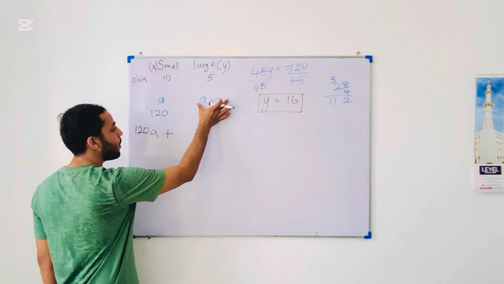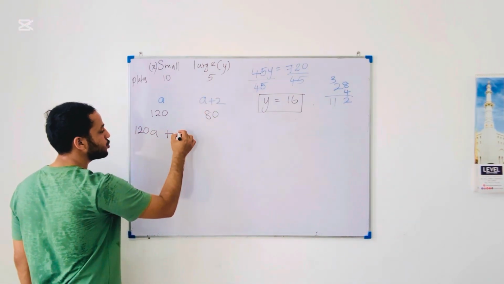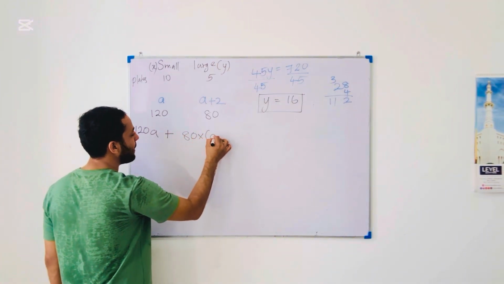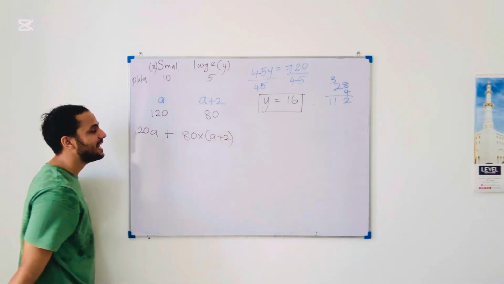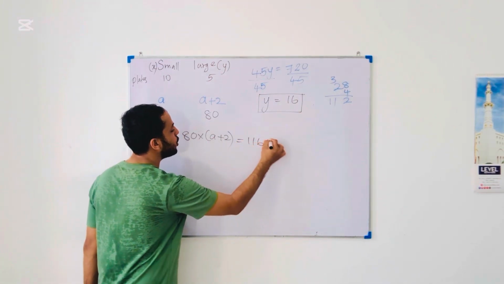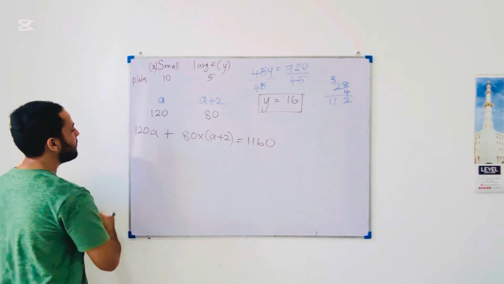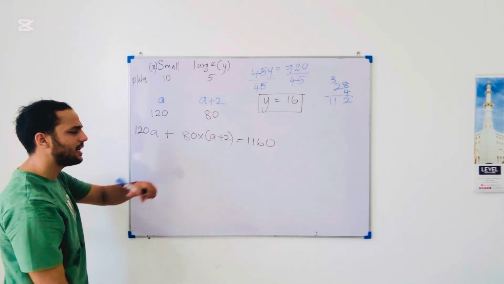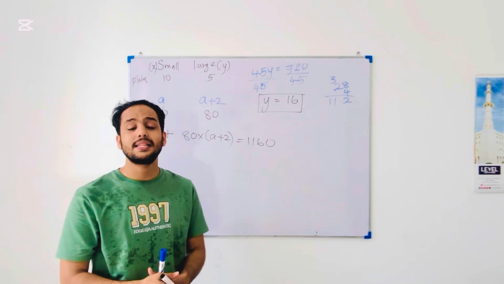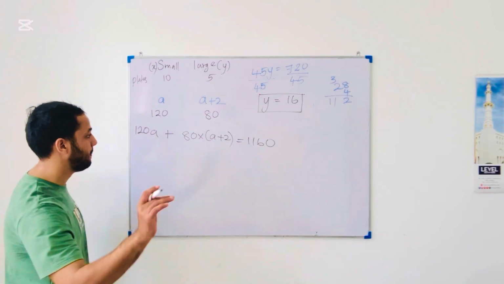Plus, if one large plate has A plus 2, there are 80 large plates, so 80 into A plus 2 gives the sweets in the large plates. Addition of both is the total number of sweets. Now if you solve the equation, there is only one unknown, find the value of A, that will give you the sweets in the small plate.